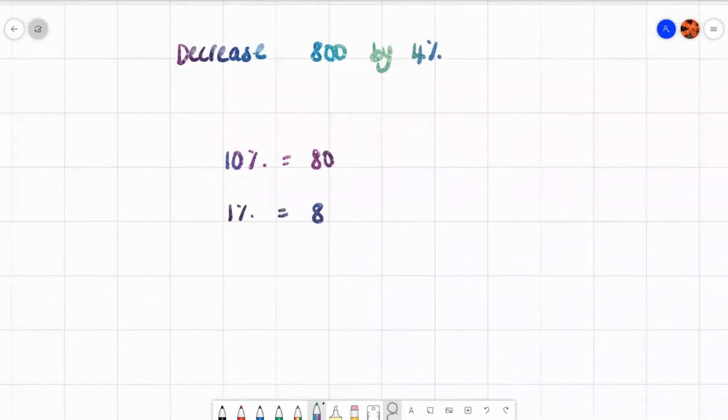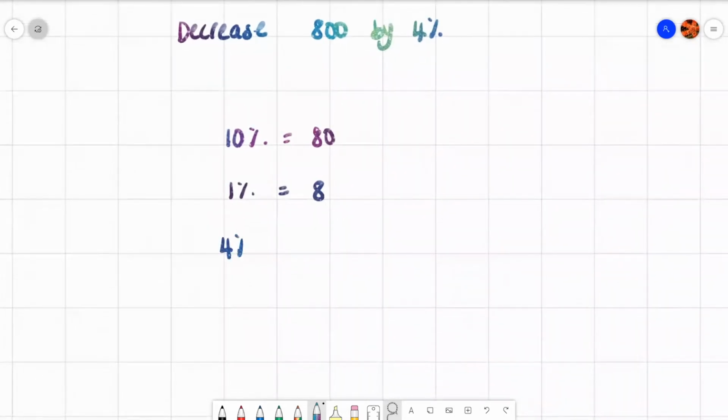Then I want to work out 4%, so I'm going to times that by 4. So 8 times 4 is 32. So again, we are going to decrease. So I'm going to do 800 subtract 32 to get 768.